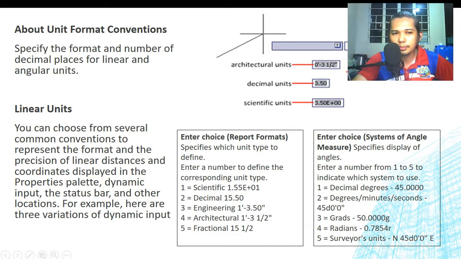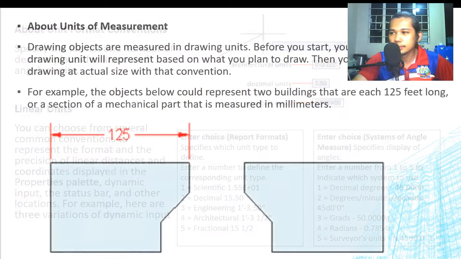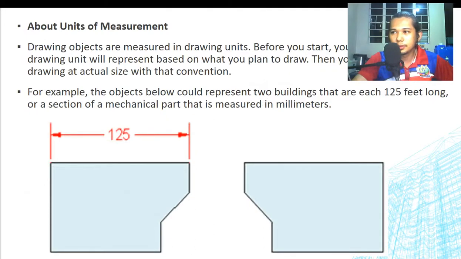Okay. So, about units of measurement, always remember this, no? Drawing objects are measured in drawing units. So before you start, you must decide what a drawing unit will represent based on what you plan to draw. When you create a drawing at actual size with the conversion, for example, the object below represents two buildings that are each 150 feet long for a section.